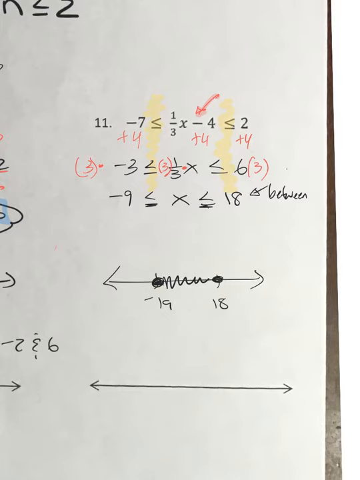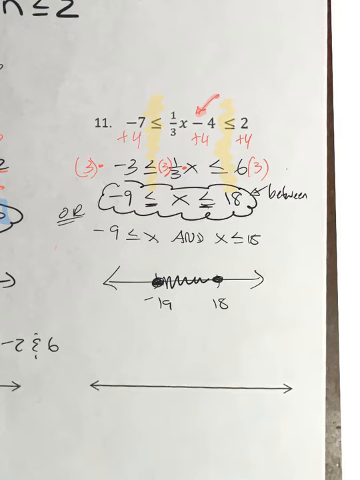You could rewrite it and say negative 9 is less than or equal to x, and x is less than or equal to 18. So you could rewrite it, but we want you to leave it as a between statement. But just to show you, if we did all the numbers that were greater than or equal to negative 9, wouldn't that be these numbers right here, forever and ever?